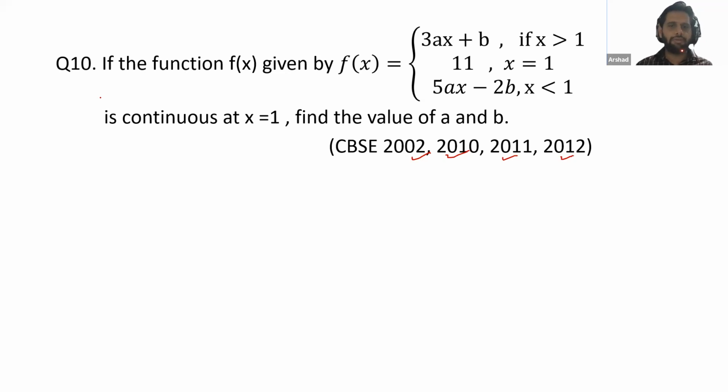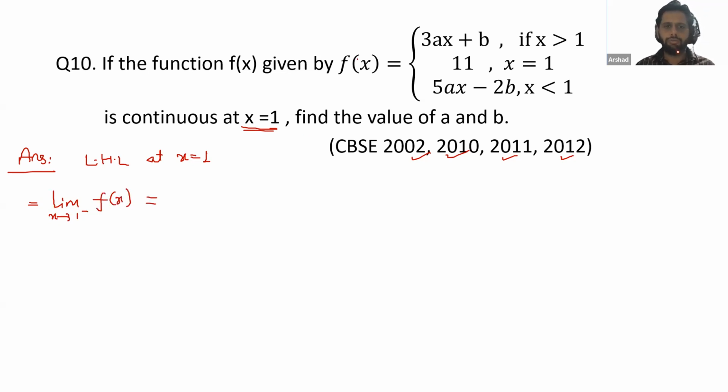So I hope everyone is doing this question. Okay, so find the value of a and b. This function is continuous at x is equal to 1. So please find LHL at x is equal to 1. Limit x tends to 1 minus f(x).